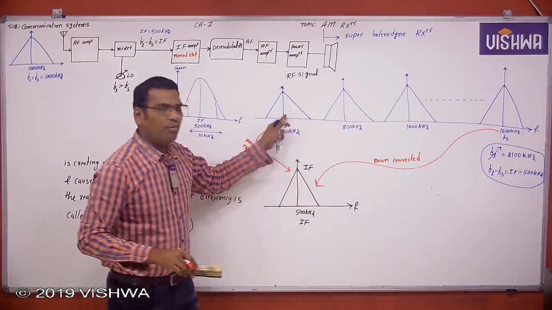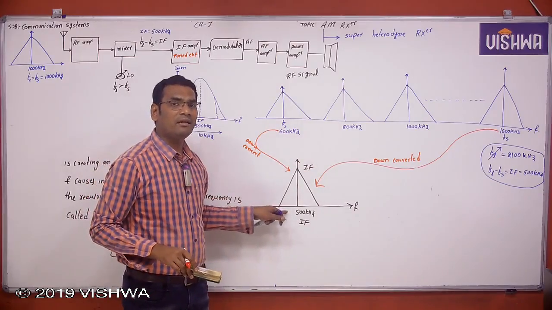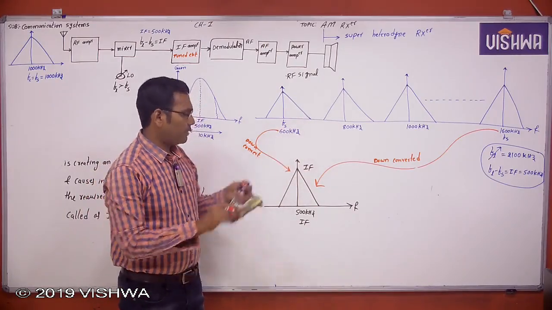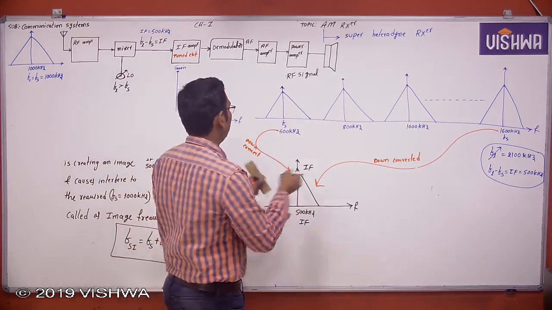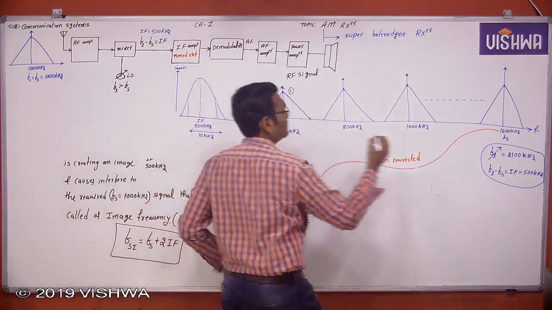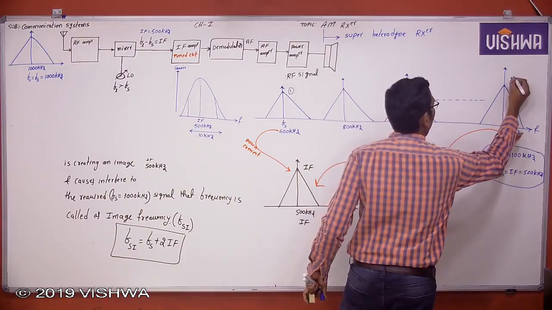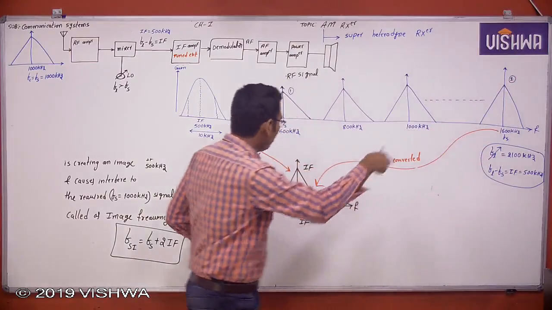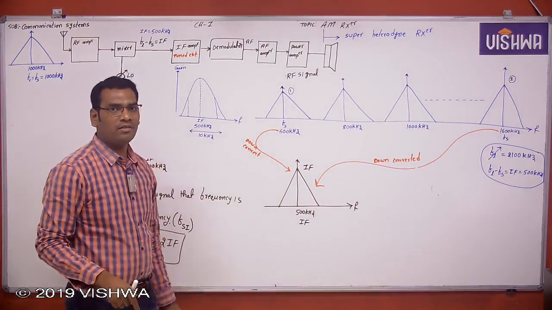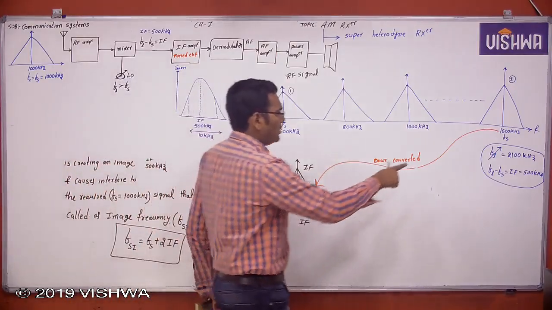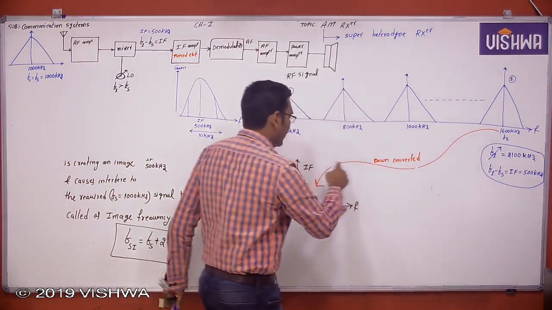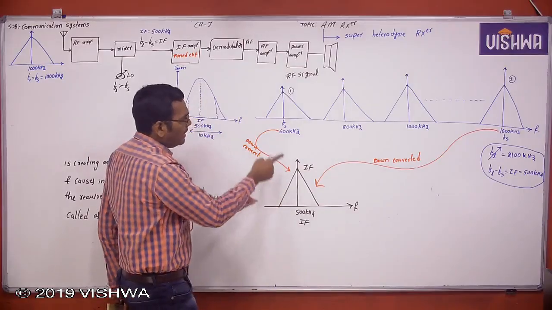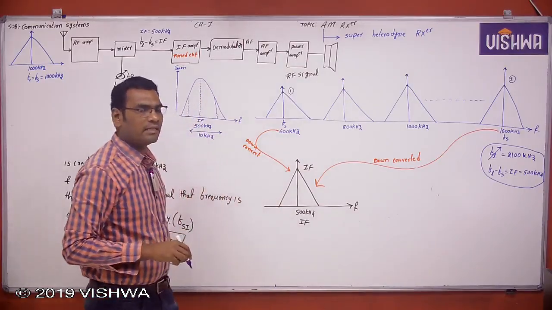And both are creating the same image signal, or not? This one is the first one and this is the last one. Now these 1 and 2 are creating the same image, or not? Therefore this signal is creating an image and causes interference to the required signal, or not.